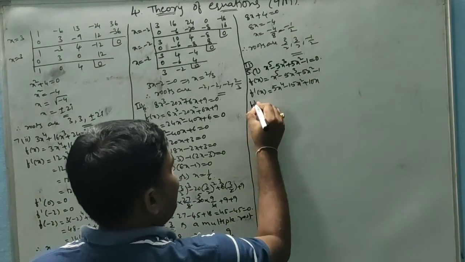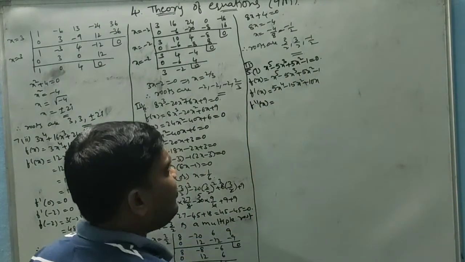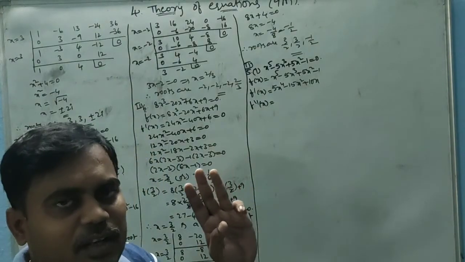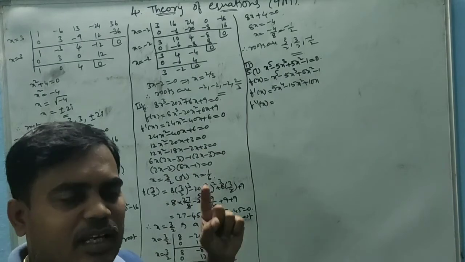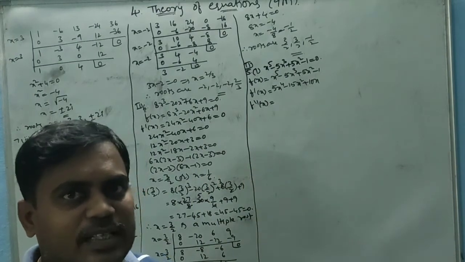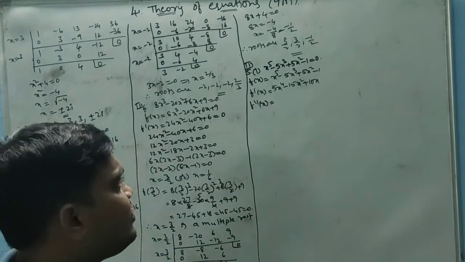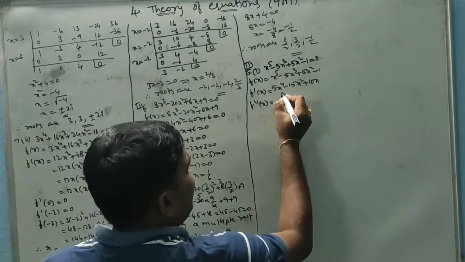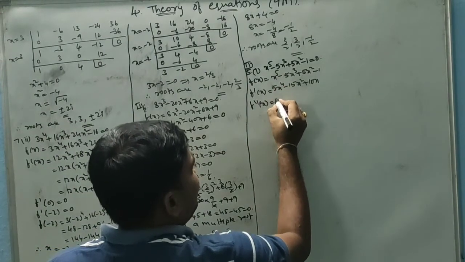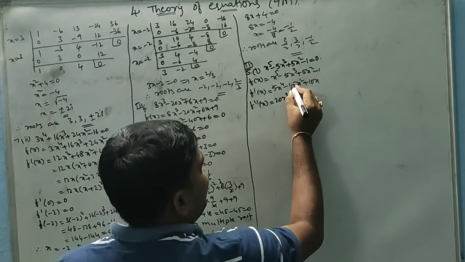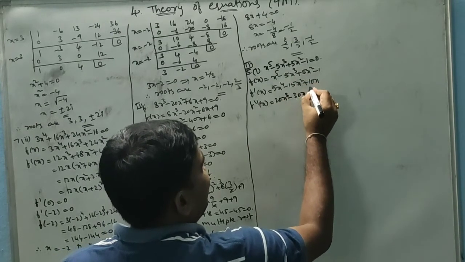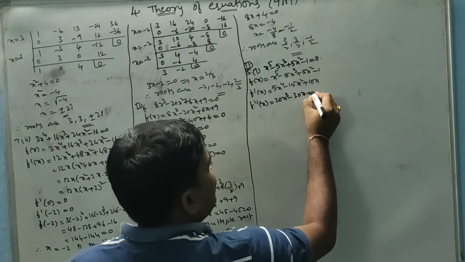Next I want to find f″(x). Because three roots are equal, multiple roots, we need to do f″. f(x), f′(x), f″(x) will all be satisfied. f″(x) = 20x³ − 30x + 10.